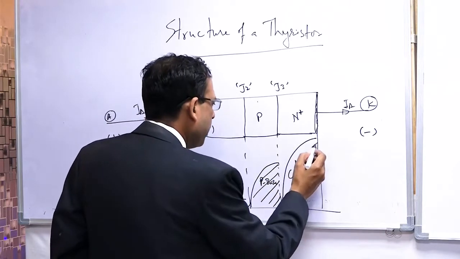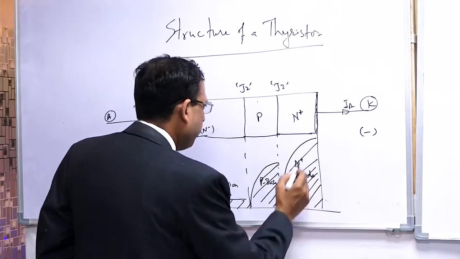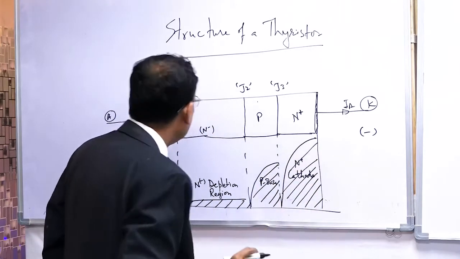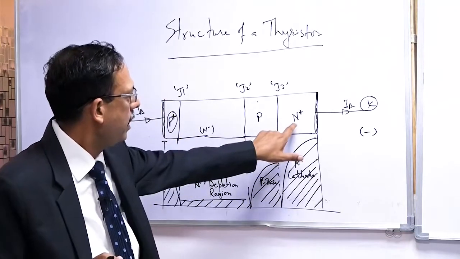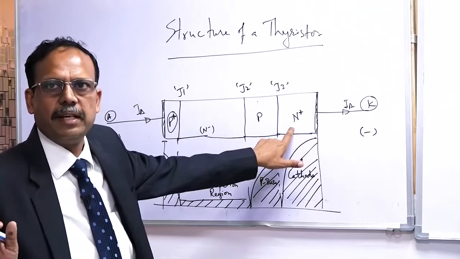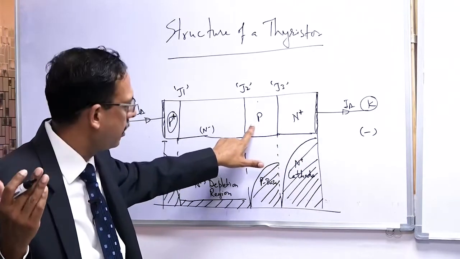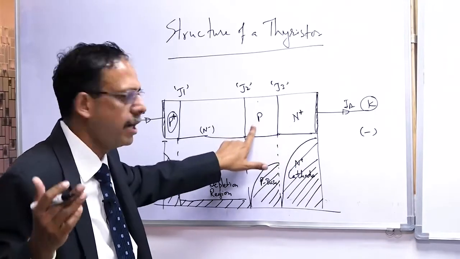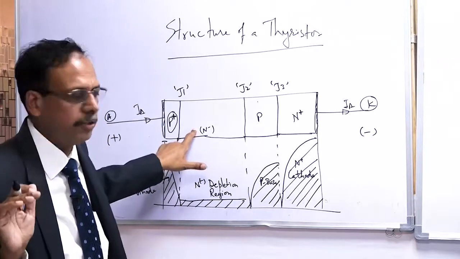The cathode N plus is N type, with electrons, and it is also highly doped. Holes are more at the anode, and N plus means more electrons are there. Here it is moderate, electrons will be more here, it will be normal holes, and this will be highly deficient of electrons.